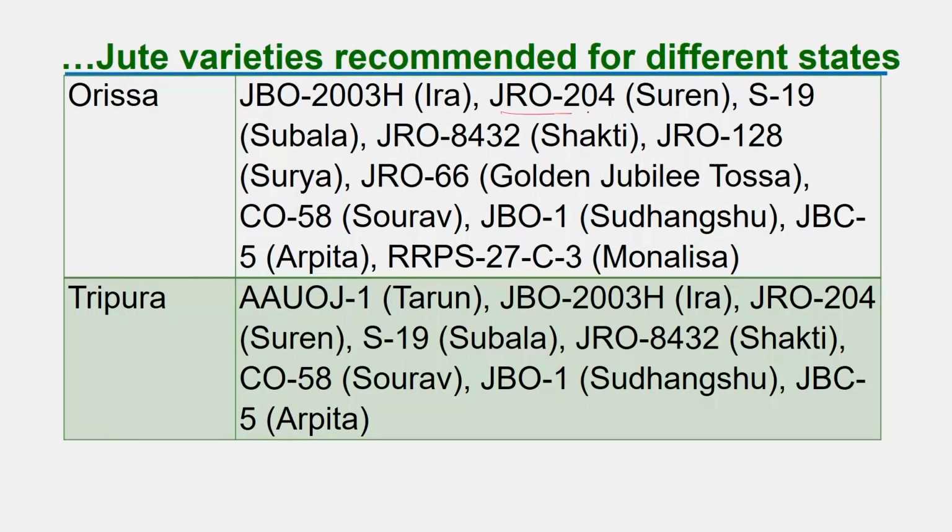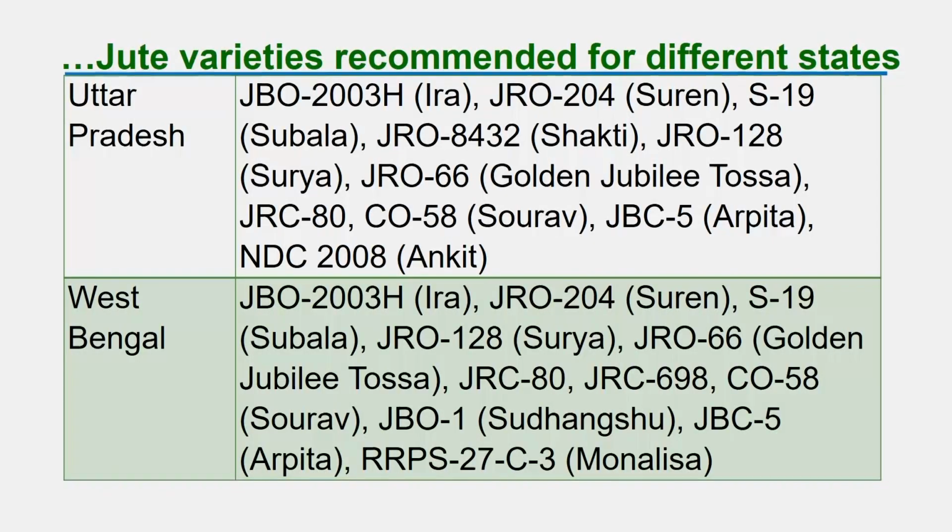For Orissa, JBO 2003H, JRO 204, S19, JRO 8432, JRO 128 and JRO 66, which is called Golden Jubilee Tosa, CO58 Saurabh, JBO 1, JBC 5 and RRPS 27C3. For Tripura, AAUOJ1, JBO 2003H, JRO 204, S19, JRO 8432, CO58, JBO 1 and JBC 5. So these are the varieties which are suitable for cultivation in Tripura.